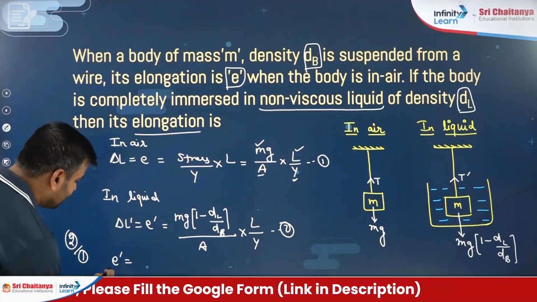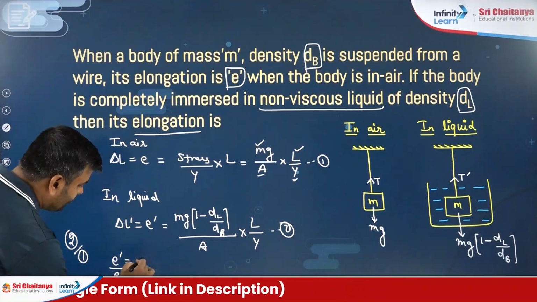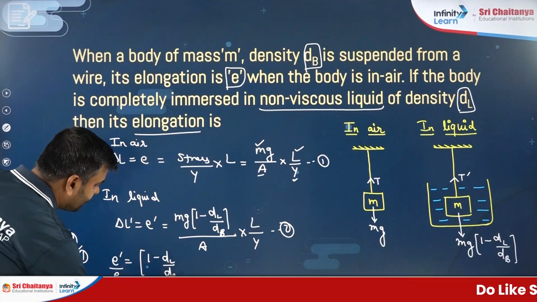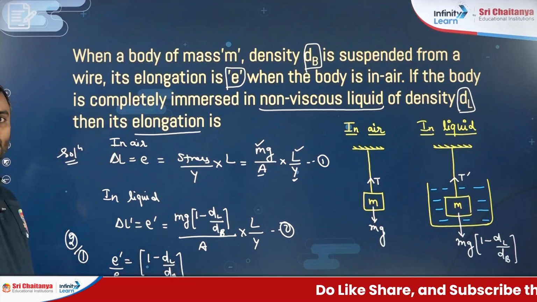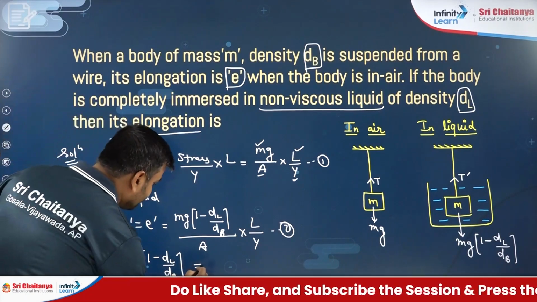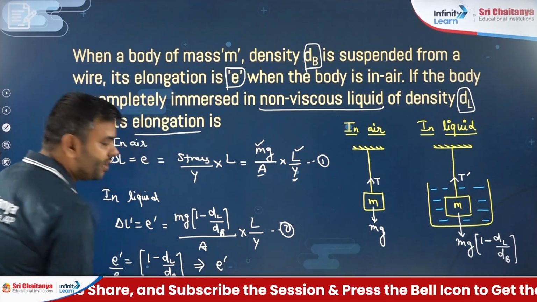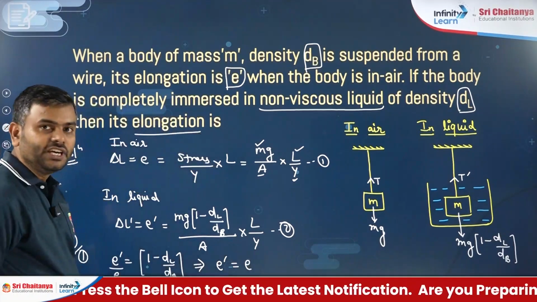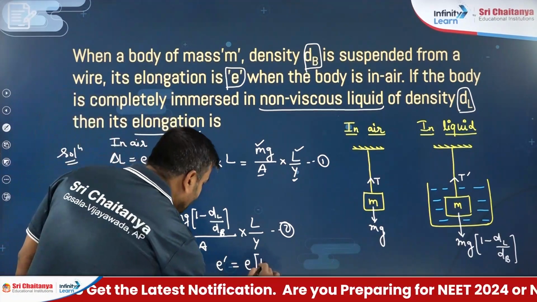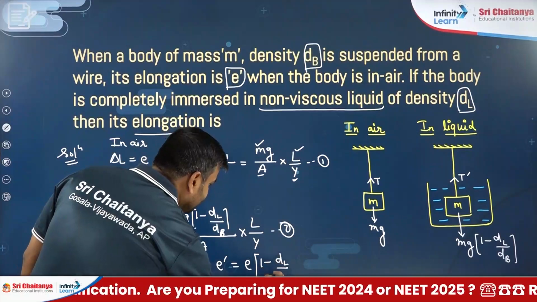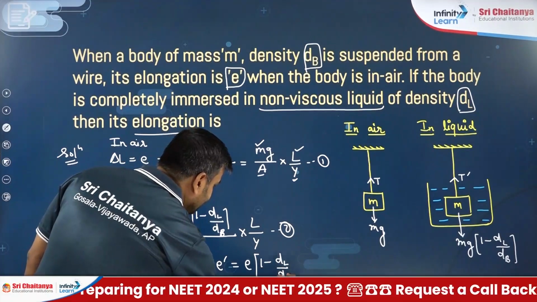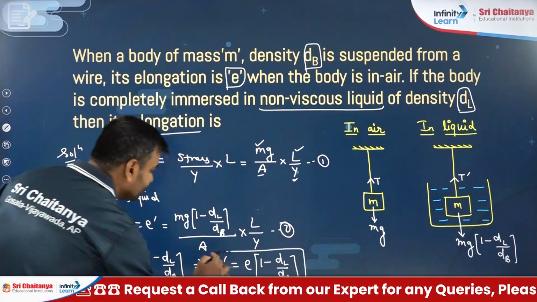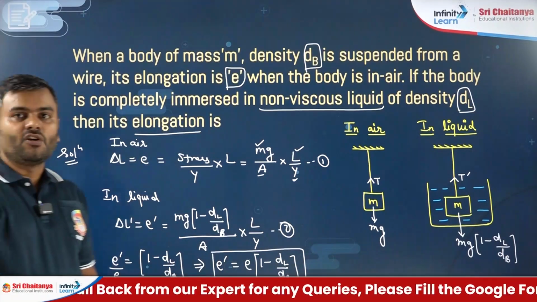So E dash by E will be equal to 1 minus dl by dv, which finally gives us the new elongation value equal to the initial elongation E into 1 minus dl by dv. That will be the elongation we have.